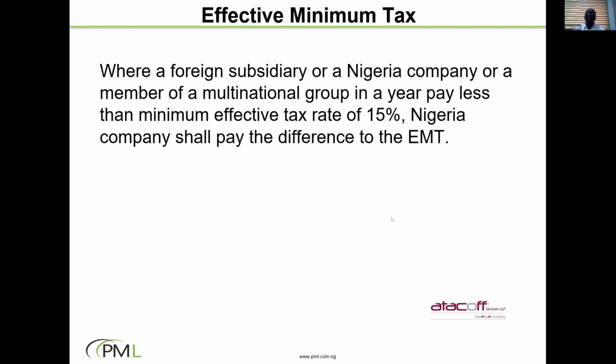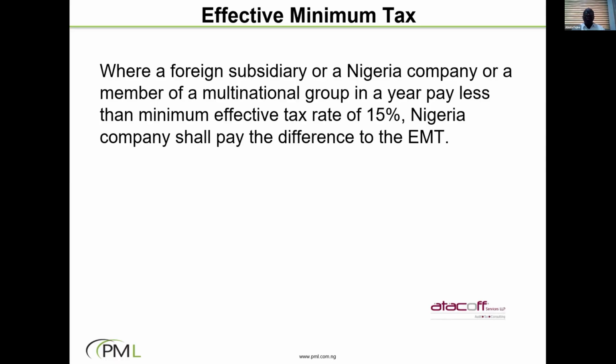If a foreign subsidiary of a Nigerian company, or a member of a multinational group in a year, pays less than the minimum effective tax rate of 15%, the Nigerian company shall pay the difference to bring the multinational enterprise to the effective minimum tax rate. What this says essentially is, if you belong to a multinational group, you are operating in Ghana, you're operating in Zimbabwe and all over the place.